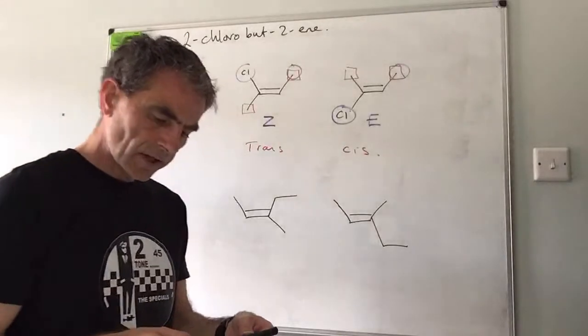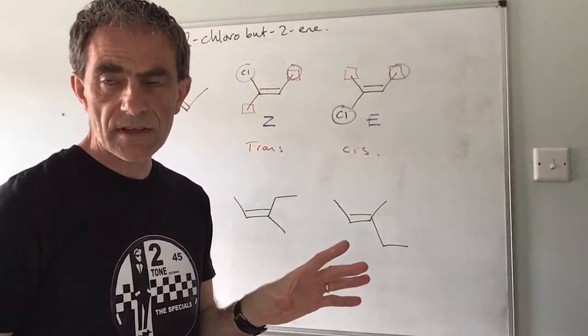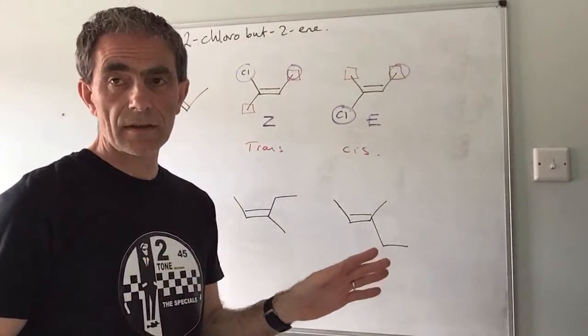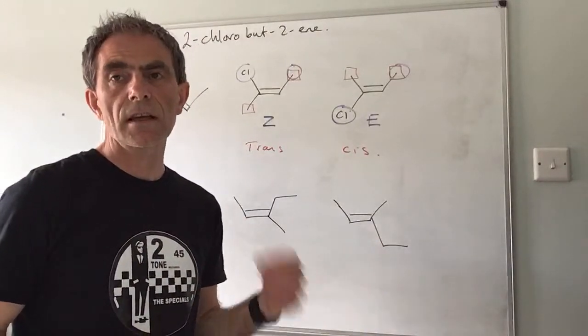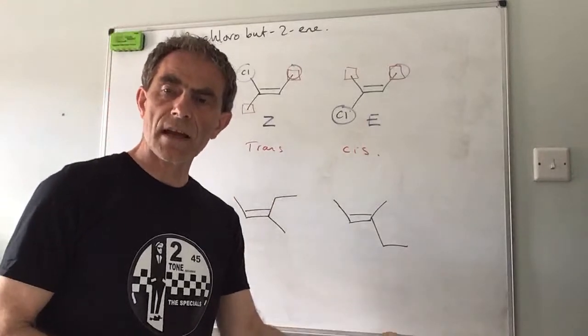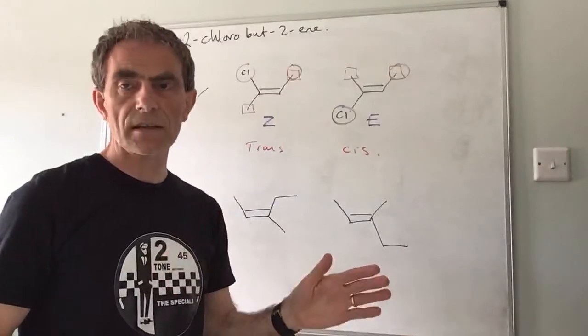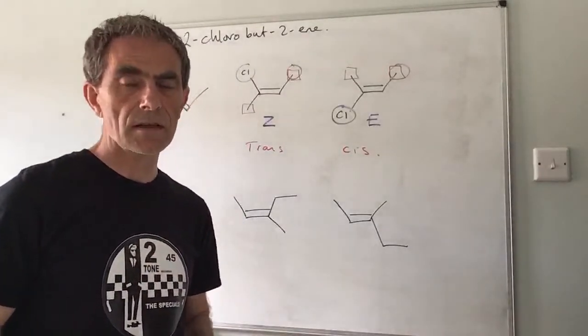Someone's asking, is it okay to just say EZ and not bother? I would, unless you're asked about cis-trans, I wouldn't even bother talking about cis-trans. Cis-trans is a special type of EZ, so if it can show cis-trans, it does already show EZ. I think EZ's much easier to spot than cis-trans.